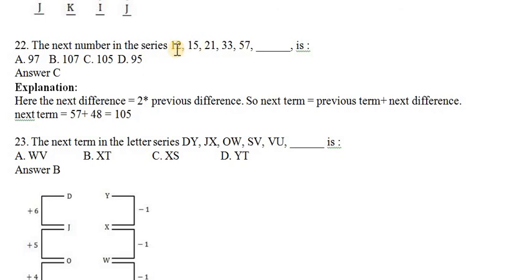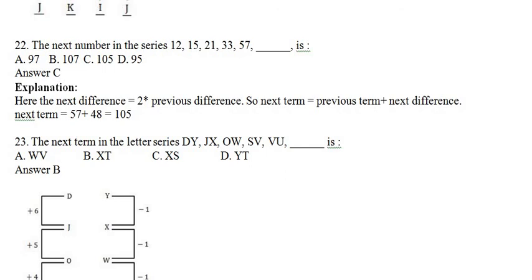Now 3 is there, difference 6 there, which means 6 is double 3. So now again it is 12, which is double 6. Like that it should be 24, then it should be 48. Now you add 48 to your 57, so it is 105.